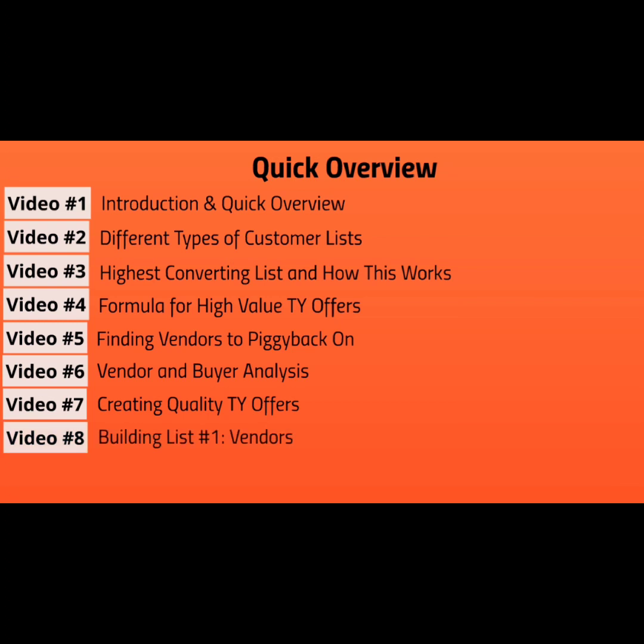And of course, video number 8, we're going to talk about building a list. So after everything we've talked about in the previous areas, we're going to talk about actually building the list as far as vendors go. And as you're waiting for vendors to say yes, we will talk about building a list as an affiliate in video number 9.